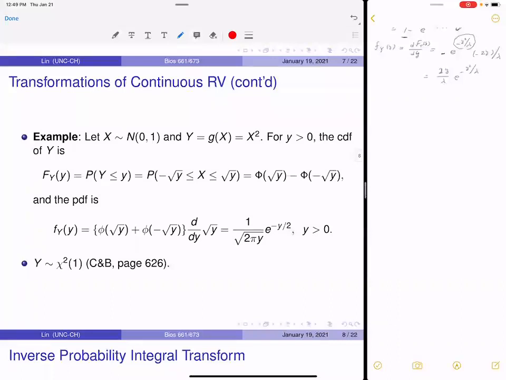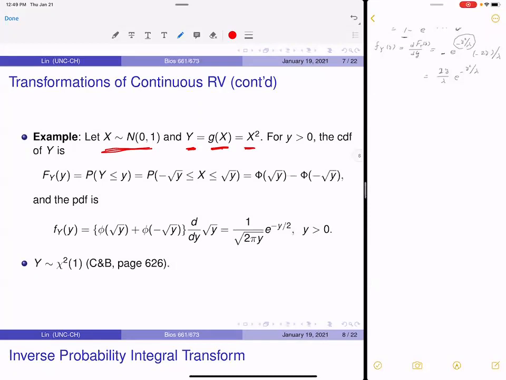The next example would be this, right? If I have my X normal 0, 1, and then right now Y is X squared, right? Y again is a transformation, X squared. That means if I'm deriving the CDF of a new random variable Y, number one, you choose what?